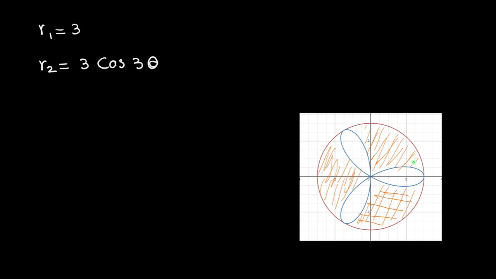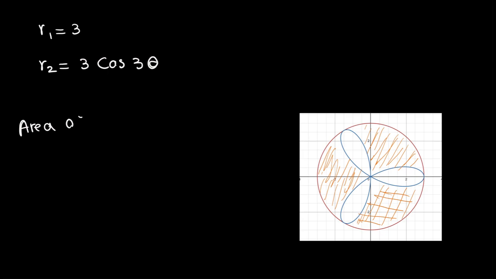As you see, some part of this area is in the first quadrant, some part in the second, some part in the third, and some part in the fourth quadrant. So we should integrate from 0 to 2 pi.